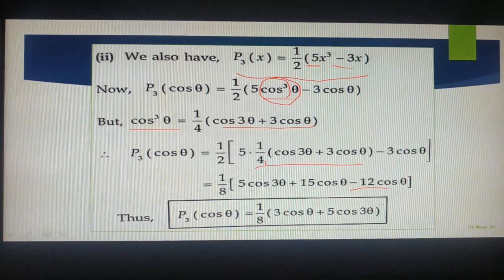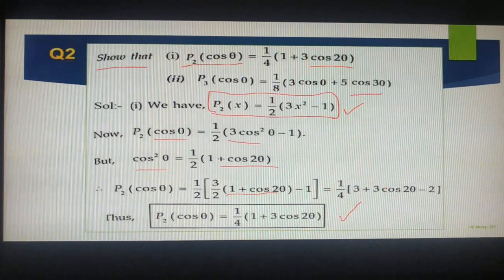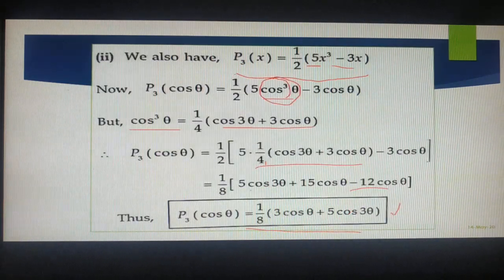So after simplification we get P3 of cos theta equal to 1 by 8 of 3 cos theta plus 5 cos 3 theta. That is what we needed to show. It is very simple. The key point in this problem also is that if you know P3 of x, we are able to do it very quickly.